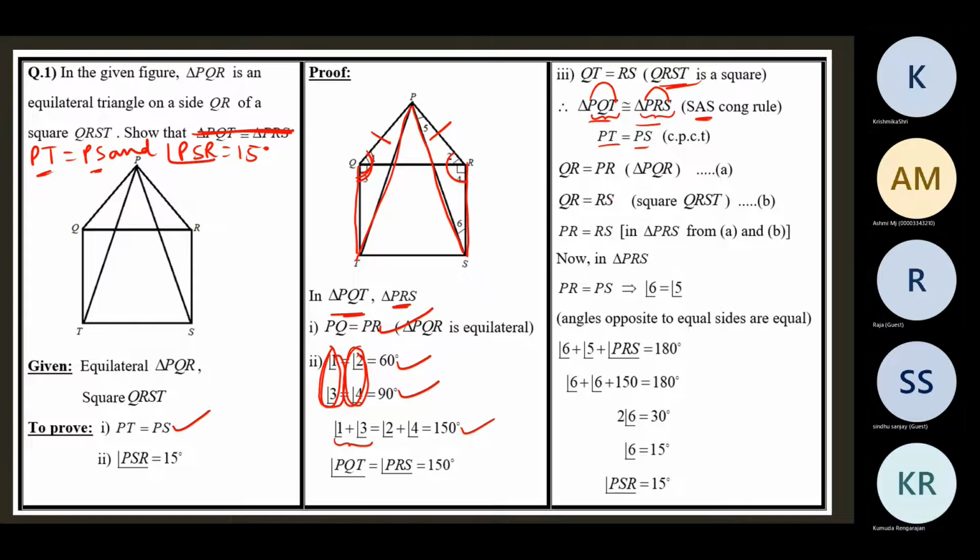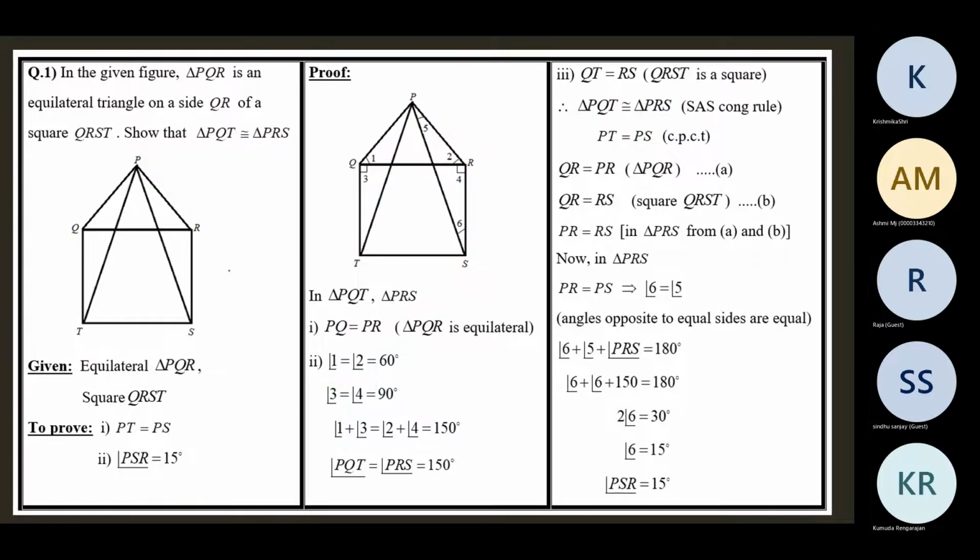So next thing is we'll have to prove that angle 5 is equal to angle 6. That's the next job, because you'll have to find the measure of angle PSR. You'll have to find the measure of angle 6, the measure of this angle.